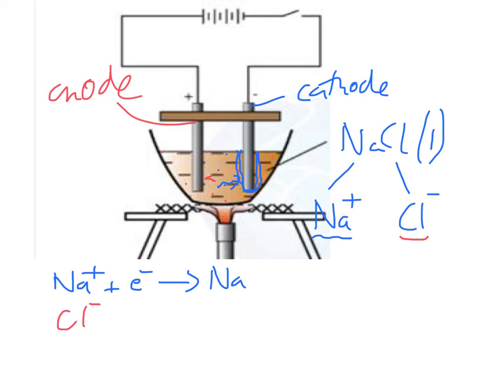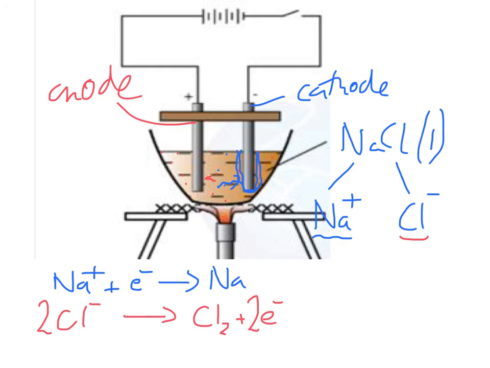It's going to have its electron ripped off it, so it's going to lose an electron. And chlorine atoms are pretty reactive because they only have 7 electrons in their outer shell, so they're going to pair up with each other. So 2 chloride ions will form a chlorine molecule, and each chloride will release an electron. So if we're going to balance that, we'll have 2 electrons on the right hand side.